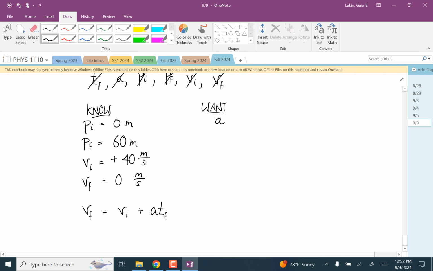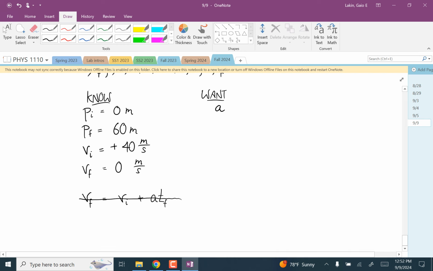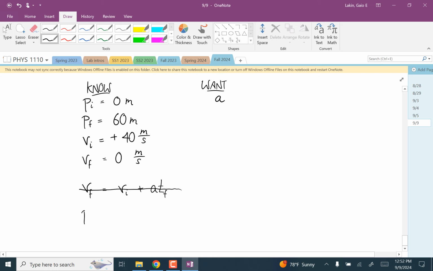So V final, do we know it? Yeah. V initial? Yep. What about T final? No. So we can't use that because that's two unknowns in a single equation. So you can't solve for either of them. You can only find one variable with one equation. So now we'll go on to the second one.